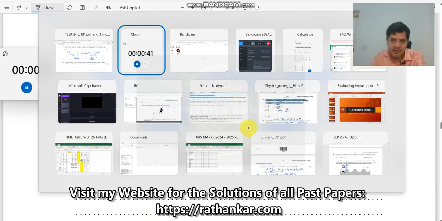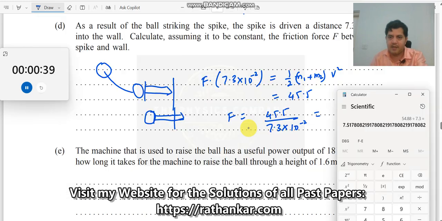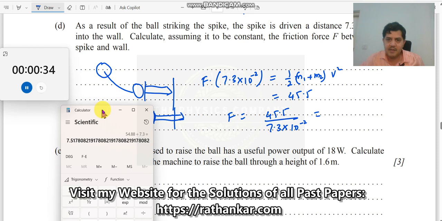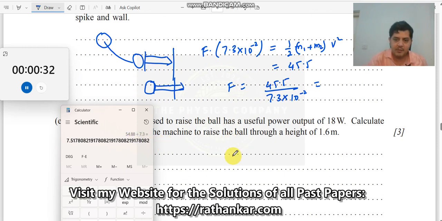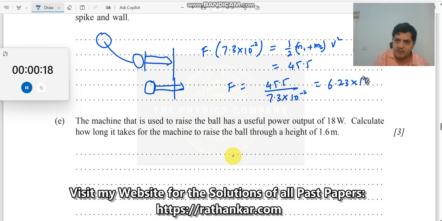Let me use a calculator to find this value. 45.5 divided by 7.3 times 10 to the power of minus 2 will give me 6.23 times 10 squared, which is around 623, and the unit is newtons. Since it is two significant figures, this should be equal to 620 newtons.